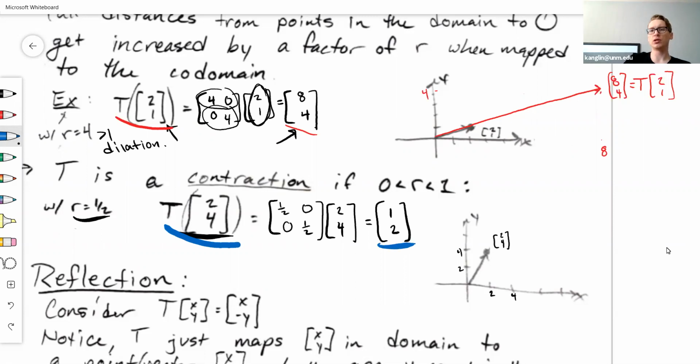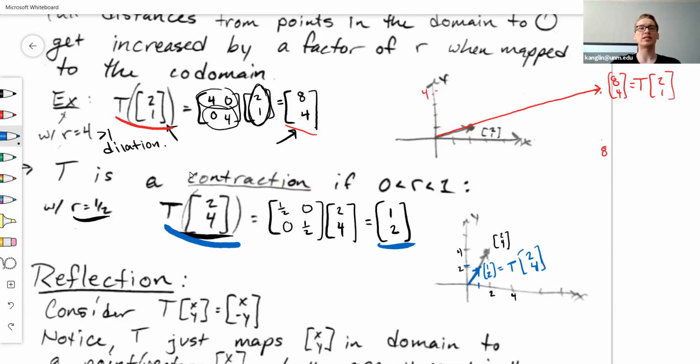But what does 1, 2 look like? It's just the exact same direction, but half the length to get to the point 1, 2. So that's the image of 2, 4 under transformation T.